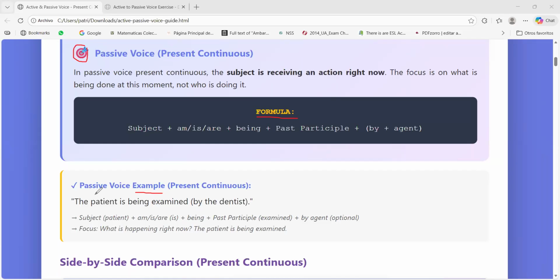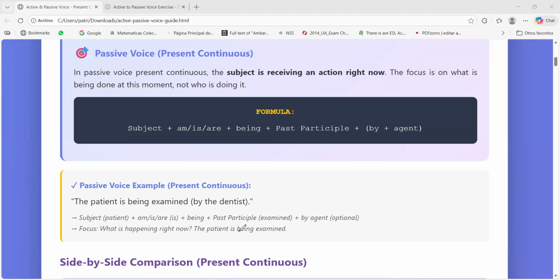Subject plus am, is, are plus being plus past participle plus by plus agent. Passive voice example, present continuous. The patient is being examined by the dentist.